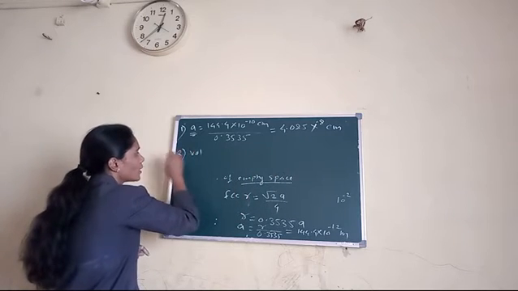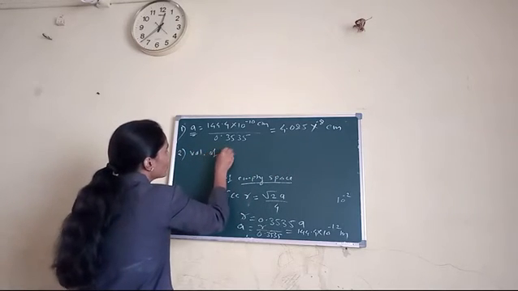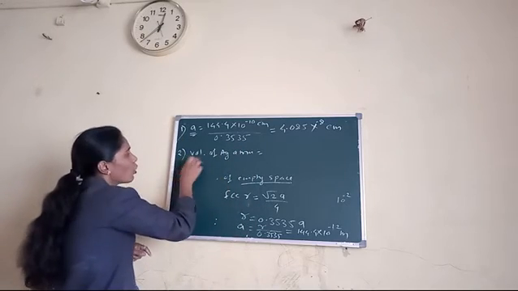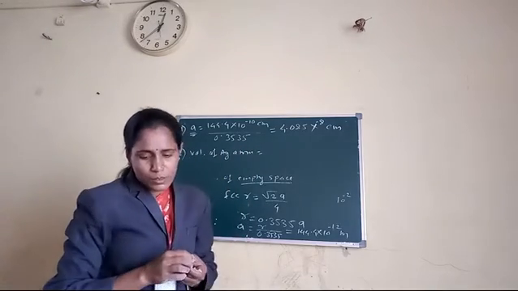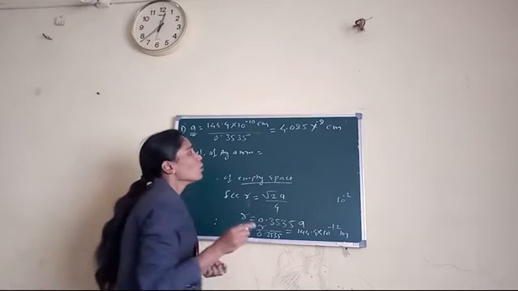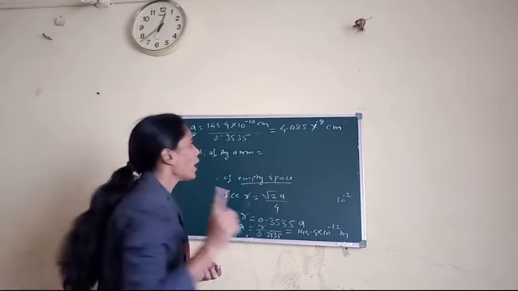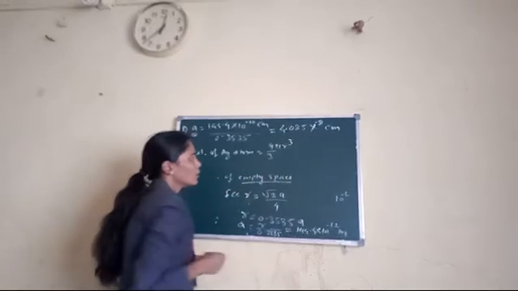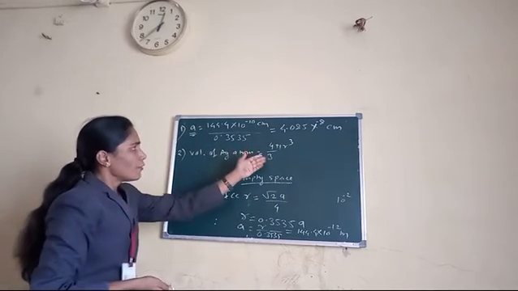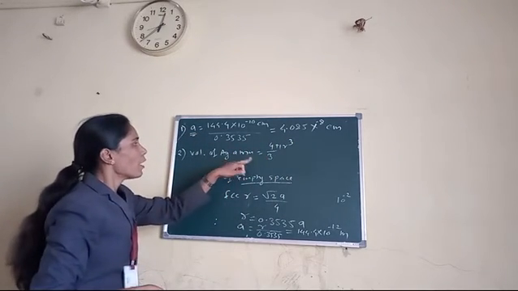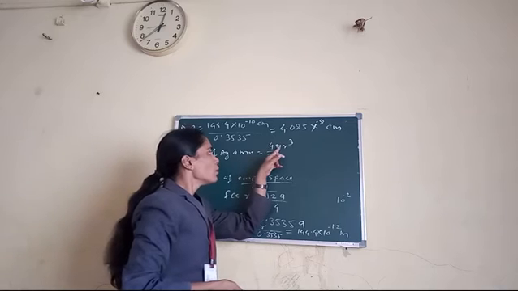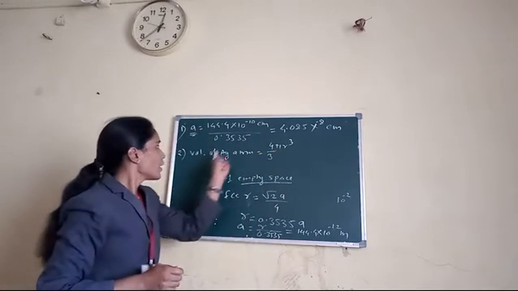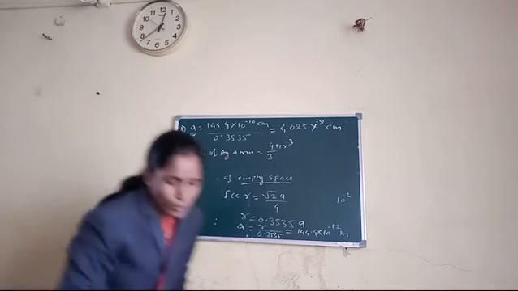Therefore, for the volume of silver atom, the formula is: one atom or one sphere having volume 4 by 3 pi r cube. From this formula we get the volume of silver atom.